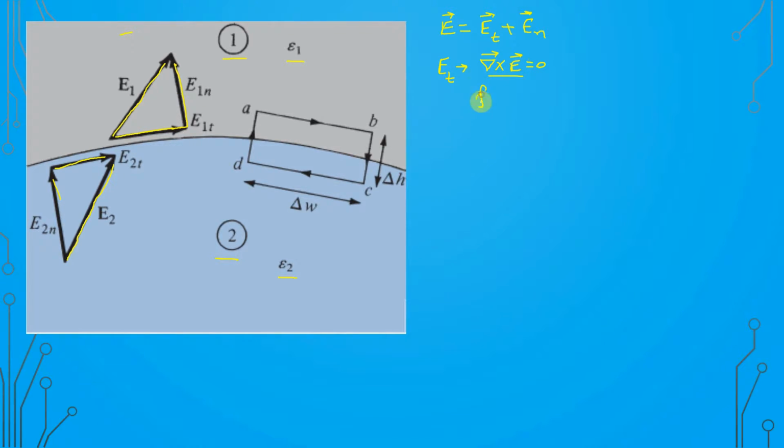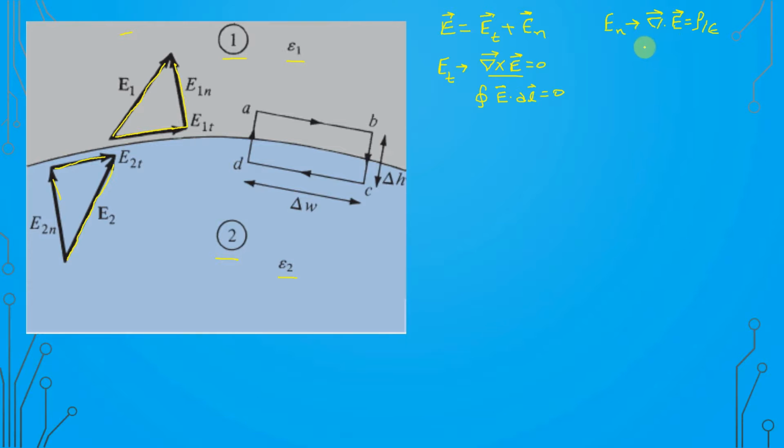If you want to write the integral form, you can write E dot dl is equal to 0. Now if you want to find out the normal component, always use the divergence of that field. So del dot D is equal to rho will give us the normal component.